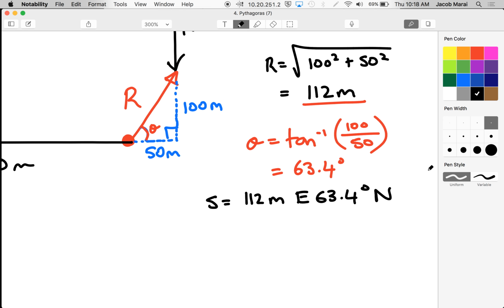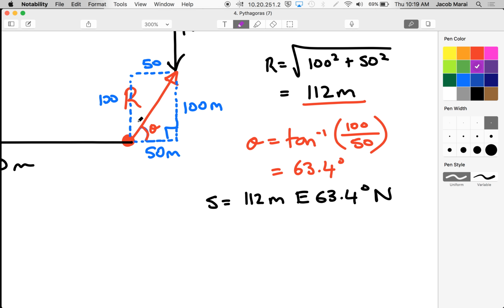Yes? Absolutely you could. You could go this way. And in fact, if you did it this way, have a look at this. This angle was too big. We want to get the complement to that. So you could absolutely draw your triangle like this, 50 and 100.